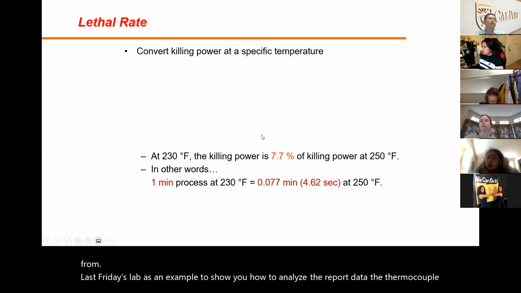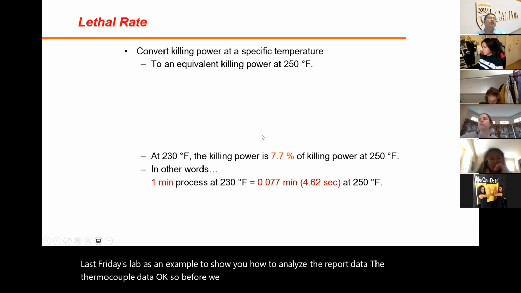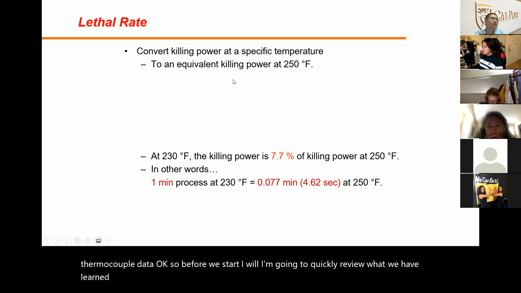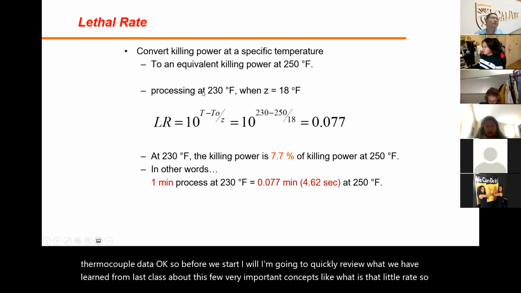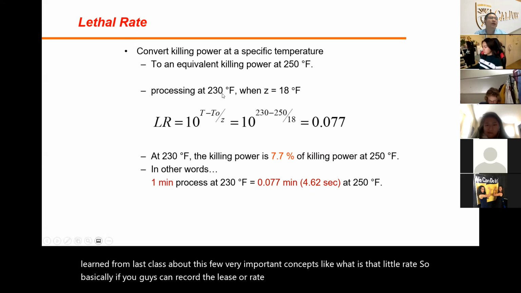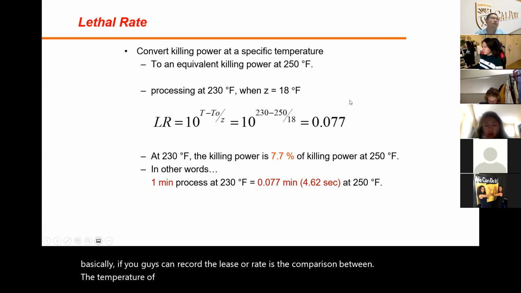Okay, so before we start, I'm going to quickly review what we have learned from last class about a few very important concepts, like what is lethal rate. So basically, if you can recall, the lethal rate is the comparison between the temperature of retort and our reference temperature.